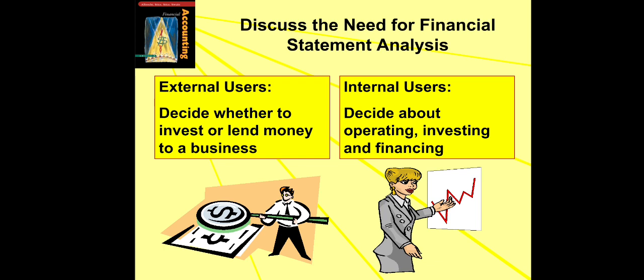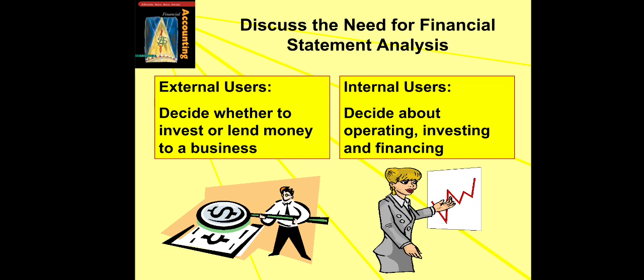So the biggest group of external users is the investors. Investors, like you know, they have cash, they have money. They want to invest because they want to get a return in the future. They want to get profit or return in the future.